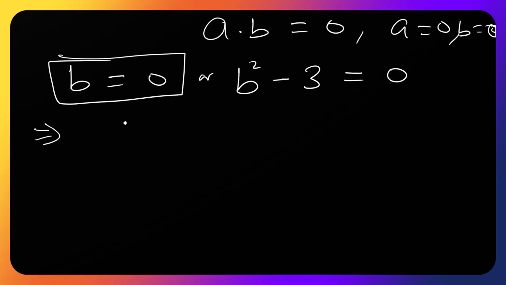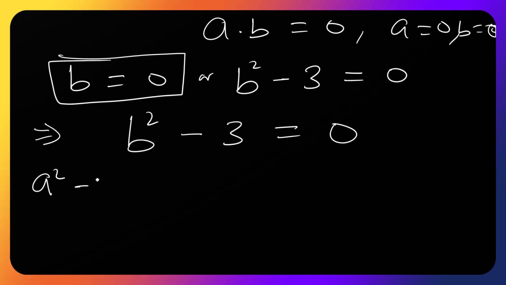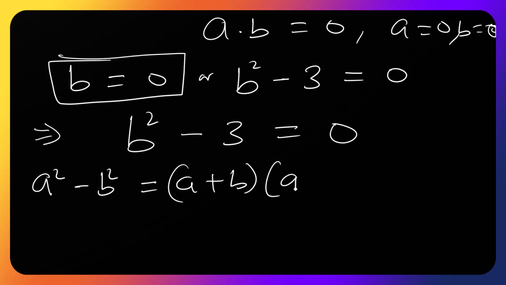Okay, so we have b squared minus 3 equals 0. How do we solve this type of equation? Because we have squared here, we can go by the difference of 2 squares, which says a squared minus b squared is the same as a plus b times a minus b.